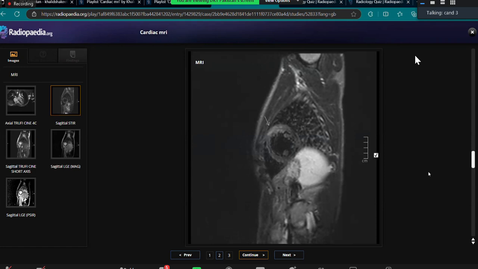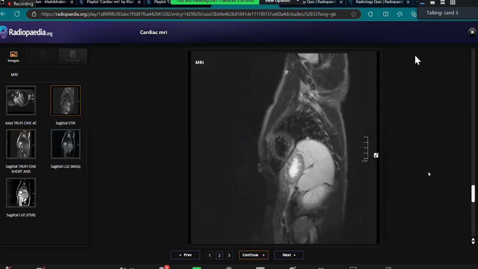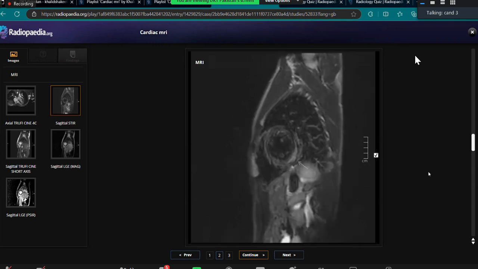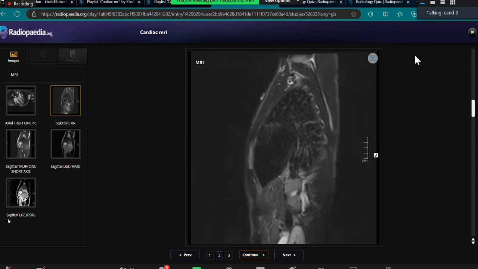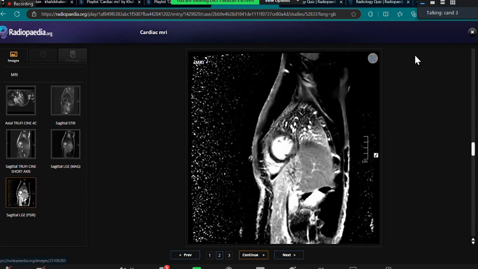On STIR imaging here, I can see again that there is edema or increased intensity involving the anterior wall. It is also seen on the inferior wall. Good.